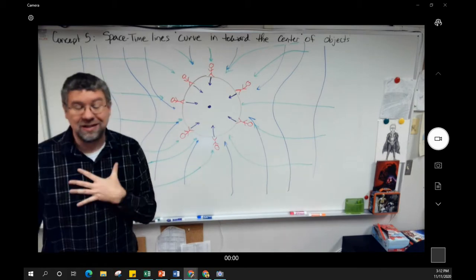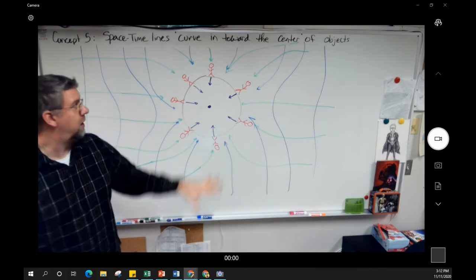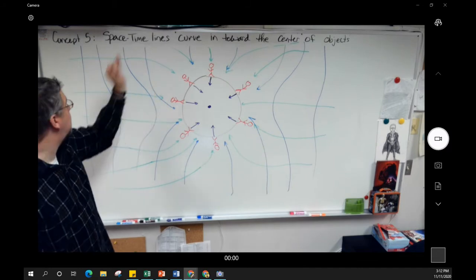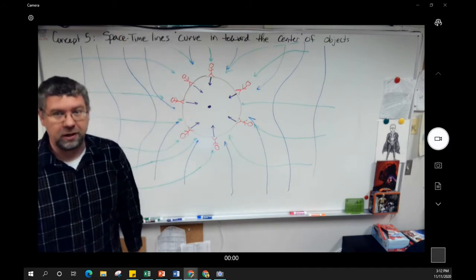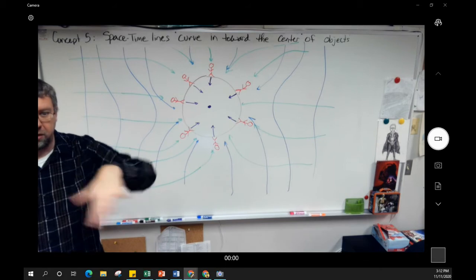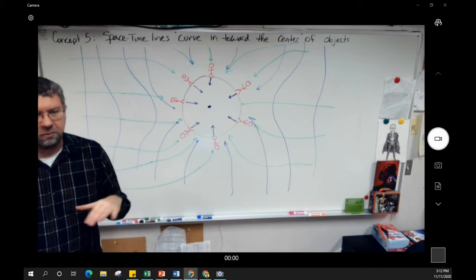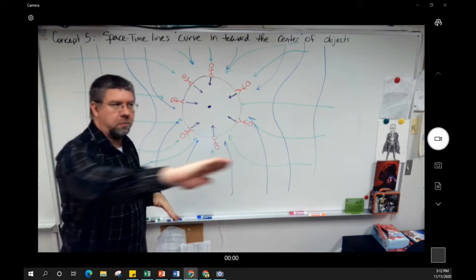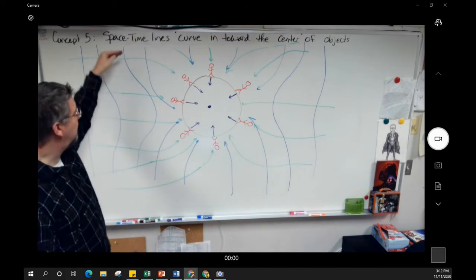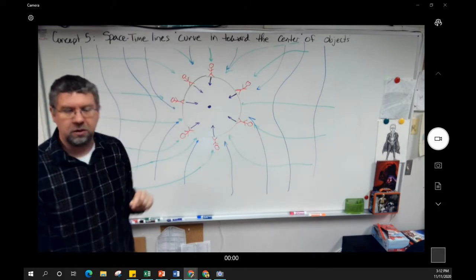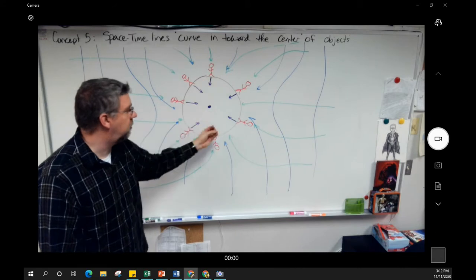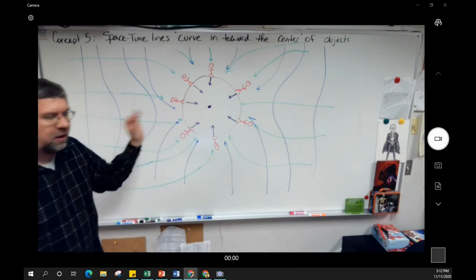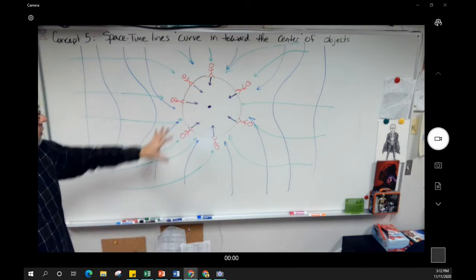And because we exist in space-time, we follow those lines wherever they go. Just like on the stretched fabric, the fabric got curved and the ball curved with it. Space-time curves, we curve with it. We follow this flow. We can go against it briefly for a short time, but eventually we're going to follow it in.